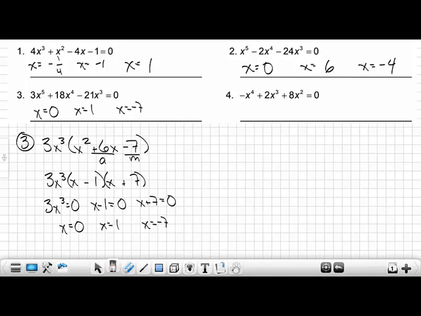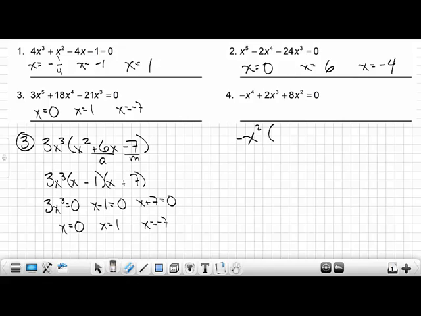Number 4. Michael, what can I factor out of each one? They all have a what? They do. What's the smallest one? 2. So I can factor out an x squared out of every single one. But I don't want a negative sign in front, so I'm actually going to factor out the negative sign as well.